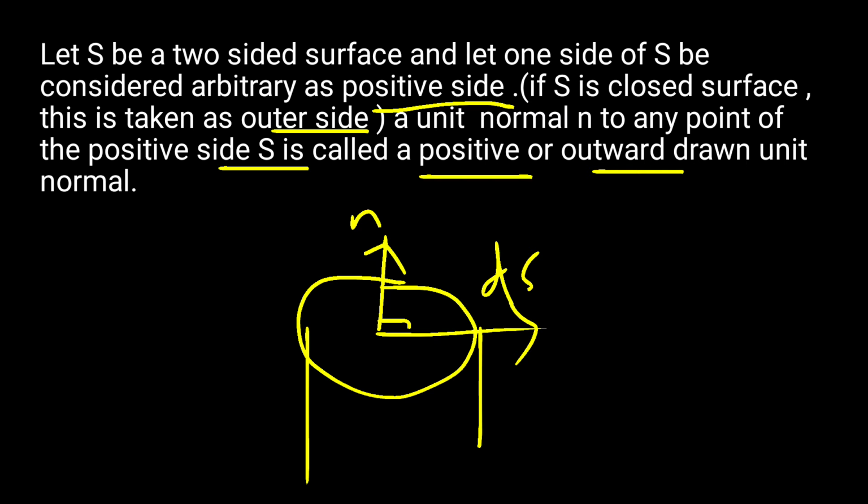If this surface is closed, then we take the outer side of S. The unit normal N at any point of the positive side of S, we call the positive or outward drawn unit normal.